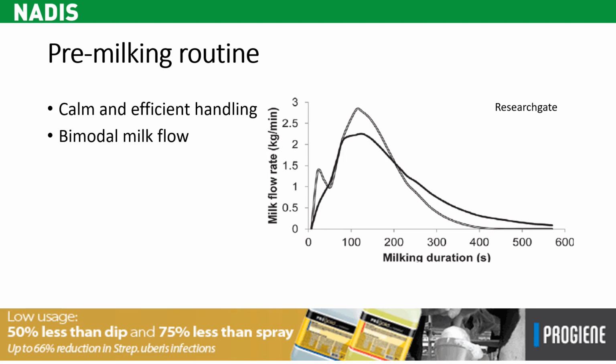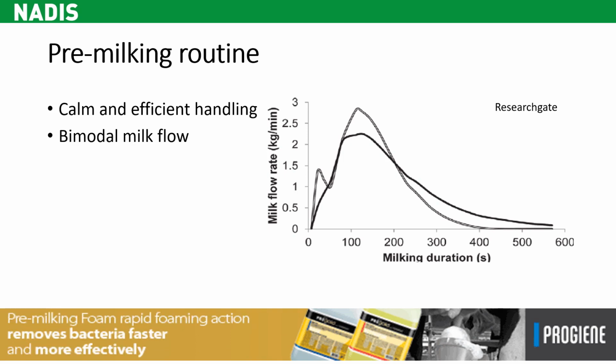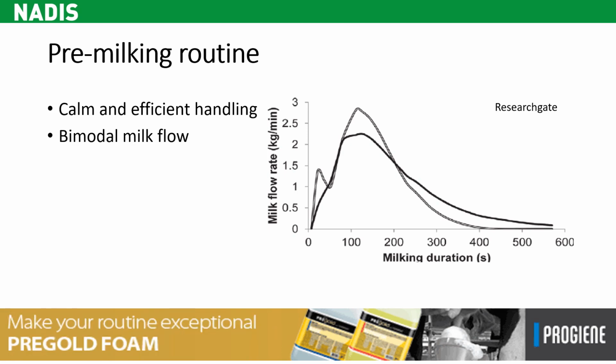Physical stimulation of the teat by stripping and wiping is needed to achieve full oxytocin release and effective milk letdown. If there is insufficient stimulation or clusters are attached too soon, bimodal milk flow occurs.